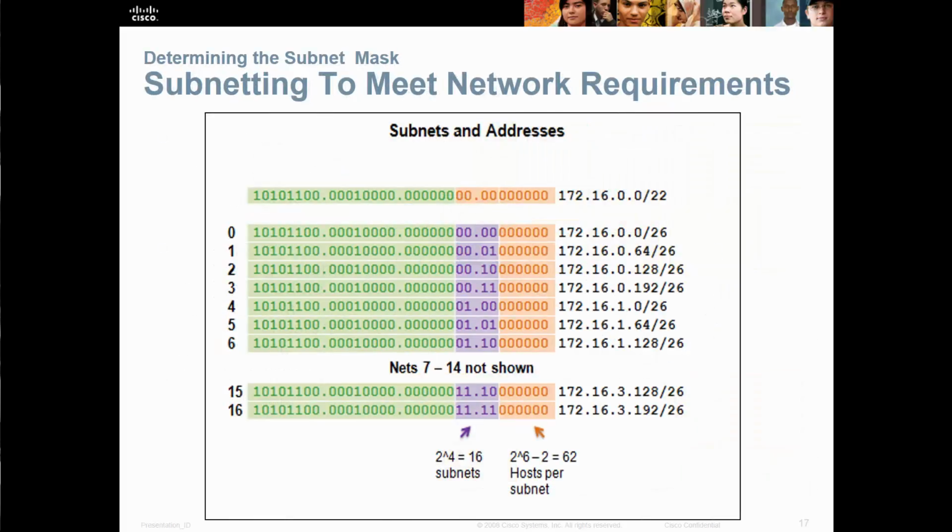So we could end up with maybe, instead of doing all /26s, /26 should yield us, I believe, 62 hosts per subnet. We may not need them. We may need /27s for the ones that have just 20 hosts. But if we want to be uniform, we'll use /26. This is wasteful.